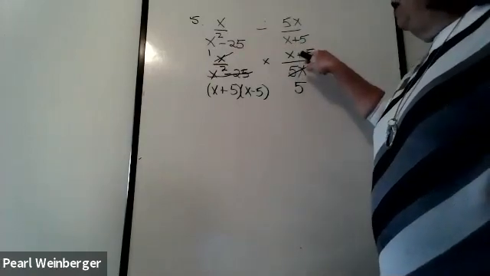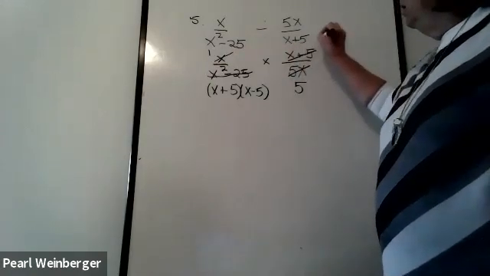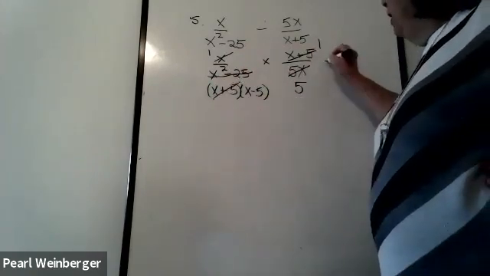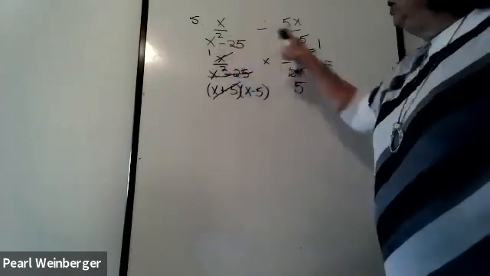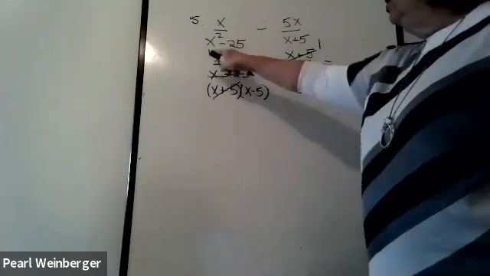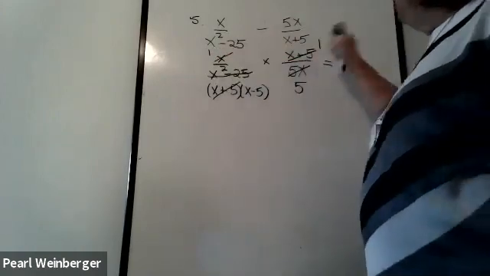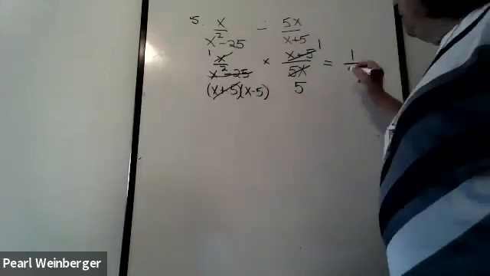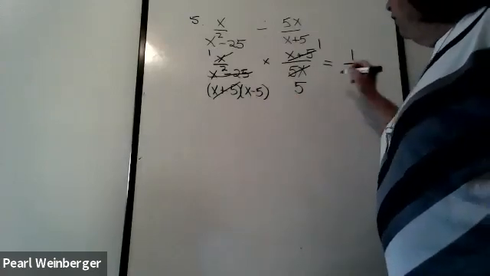The x plus 5 over here can cancel out with this x plus 5. And if you notice, both of my numerators turned out to be 1 because everything canceled out from my numerators. So my numerators become 1 times 1, which is 1. And my denominator becomes x minus 5 and 5.